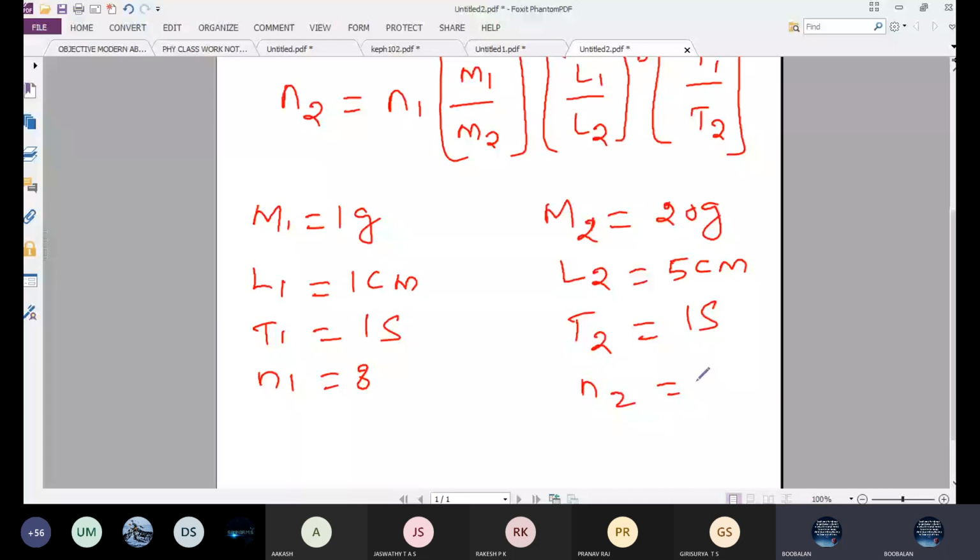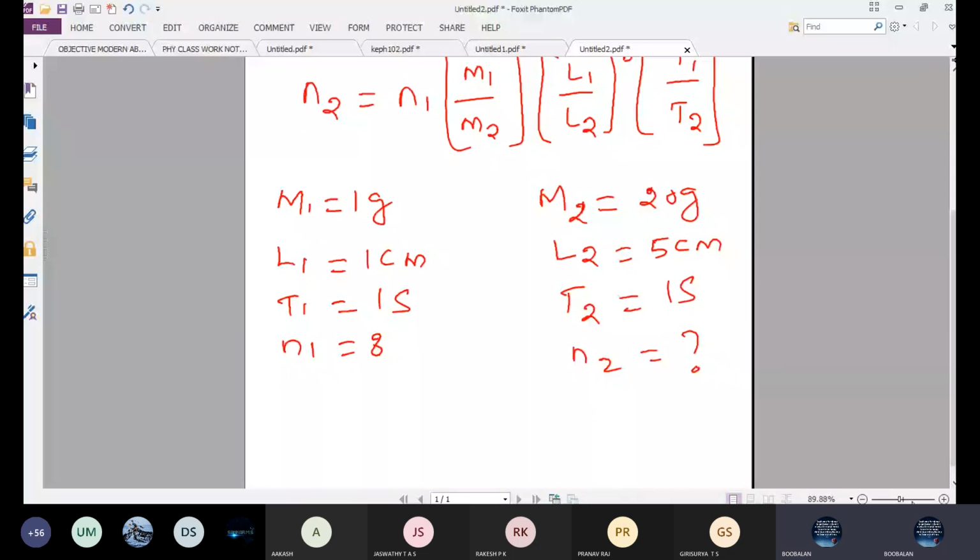Next step, density dimension formula. Density equals mass by volume. Mass is M power 1, L power minus 3, volume L cube, T power 0. Okay, now I know all the values.